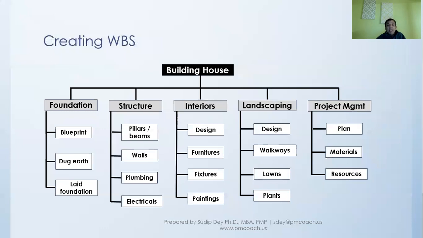Let's say plumbing: north side plumbing, south side plumbing, or exterior plumbing, interior plumbing. You break it down to the level that you're comfortable with planning. So this is a typical WBS. Of course, this has not gone down to the last level.